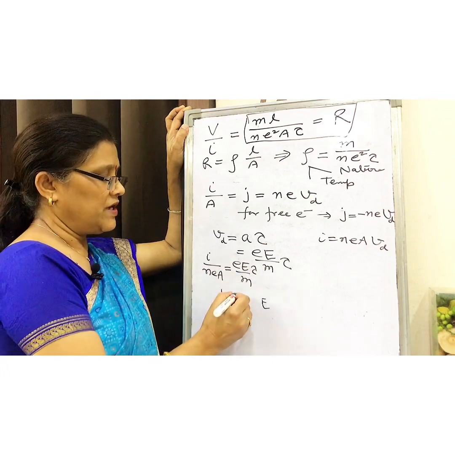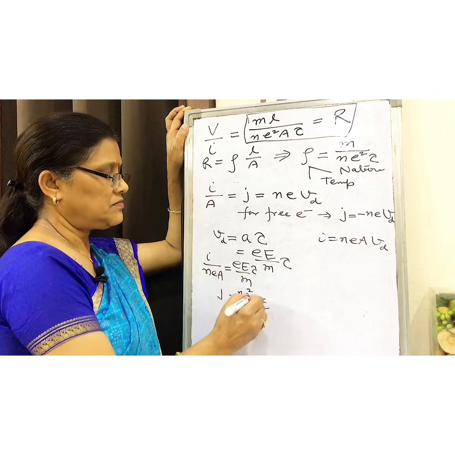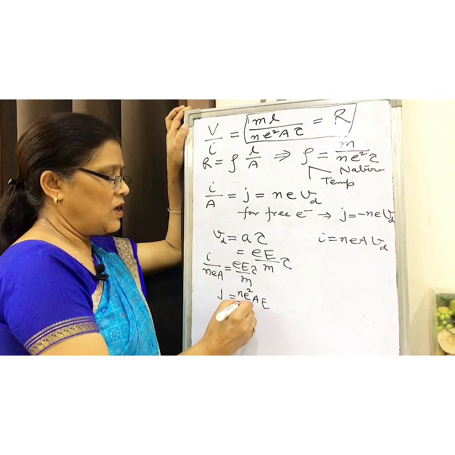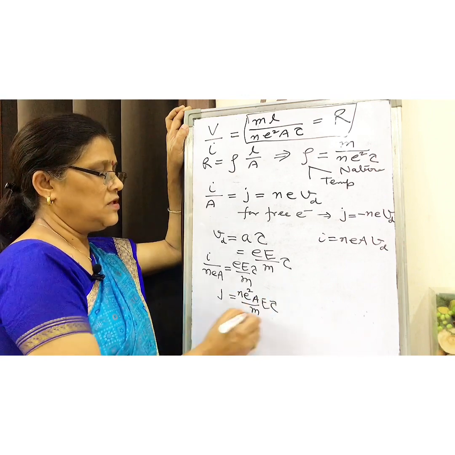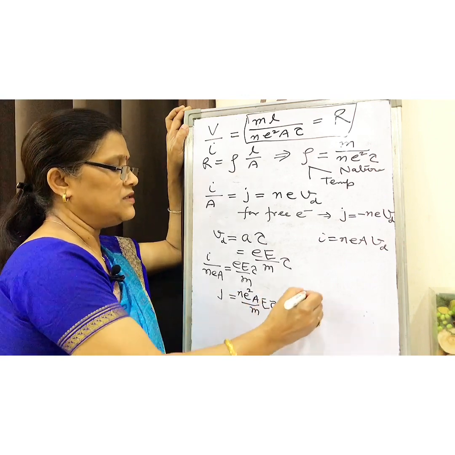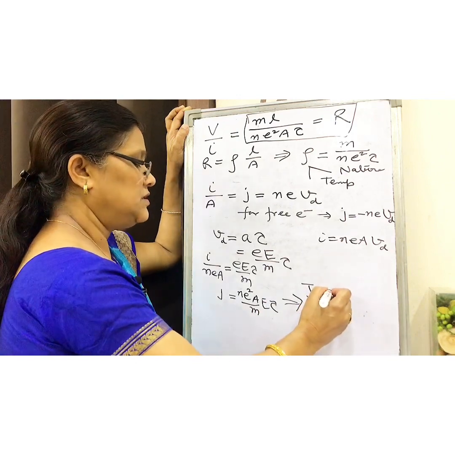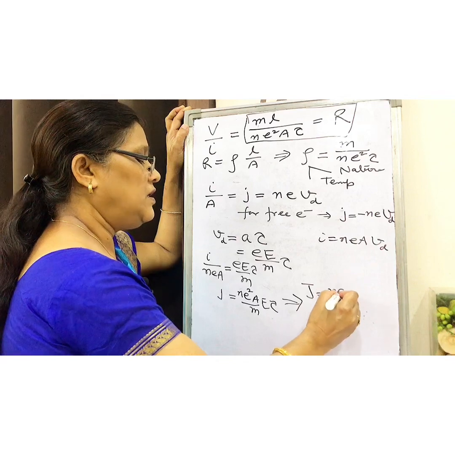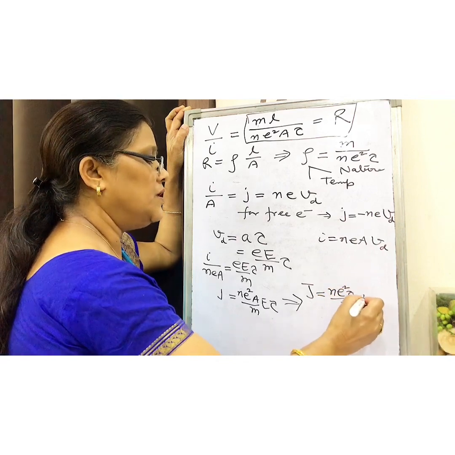So what will you get? n e square A upon m into tau. This can be written as J equal to n e square tau upon m into E.